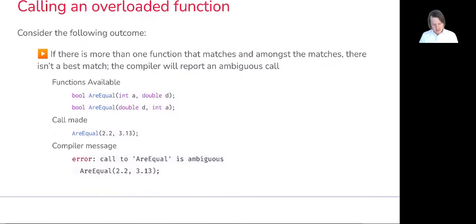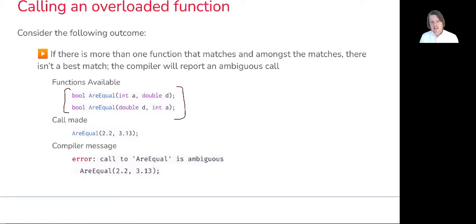Now let's consider the other option of this. Let's assume that for some reason we had these functions available to us as well. We had an r equal that took an argument of type integer followed by one of double, and then an additional r equal whose first parameter was double, second parameter was an integer.